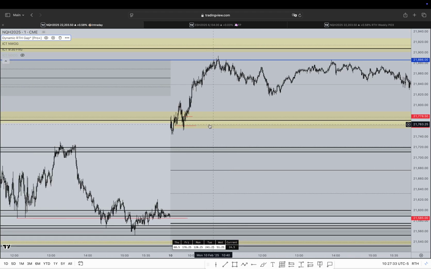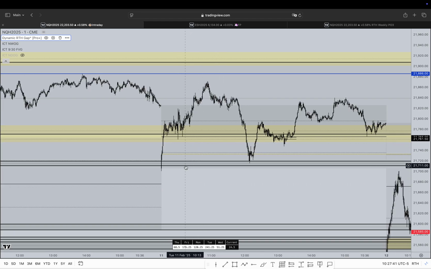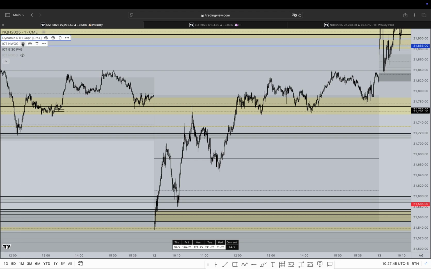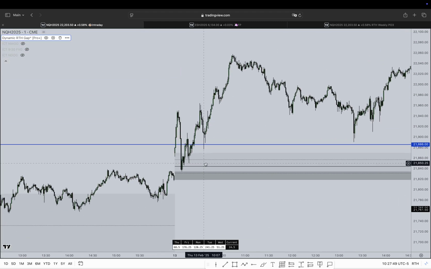So yeah, this week we had all the profiles. Monday, breakaway gap. Tuesday, deception. Wednesday, deception. And Thursday, deceiver.